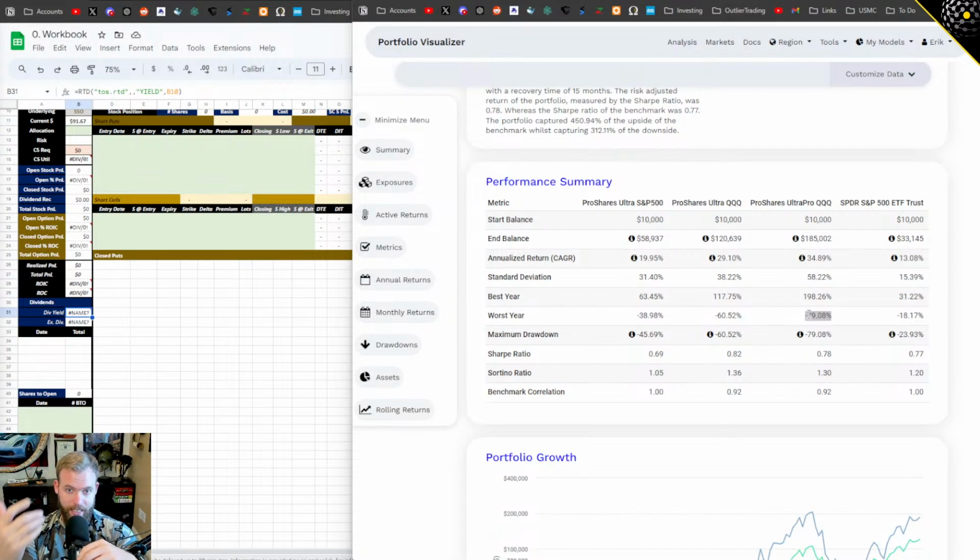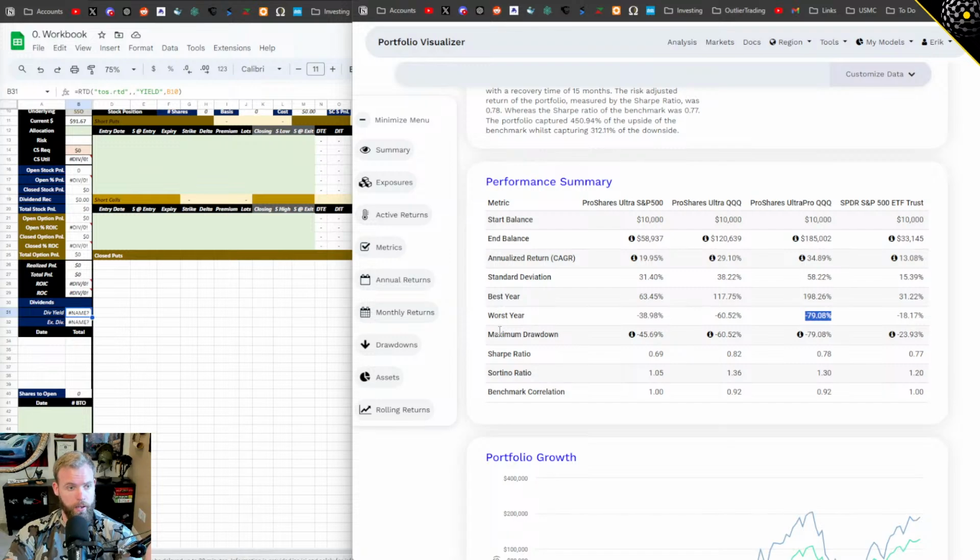This gives me ideas and inspirations for elements that I need to look at, literally like what I just said, right? So this is saying that the worst year and the maximum drawdown are the same. I don't believe that to be true. It could be, but I'm just suspect on that. So what this tells me is I need to test this, not just for the past 10 years.